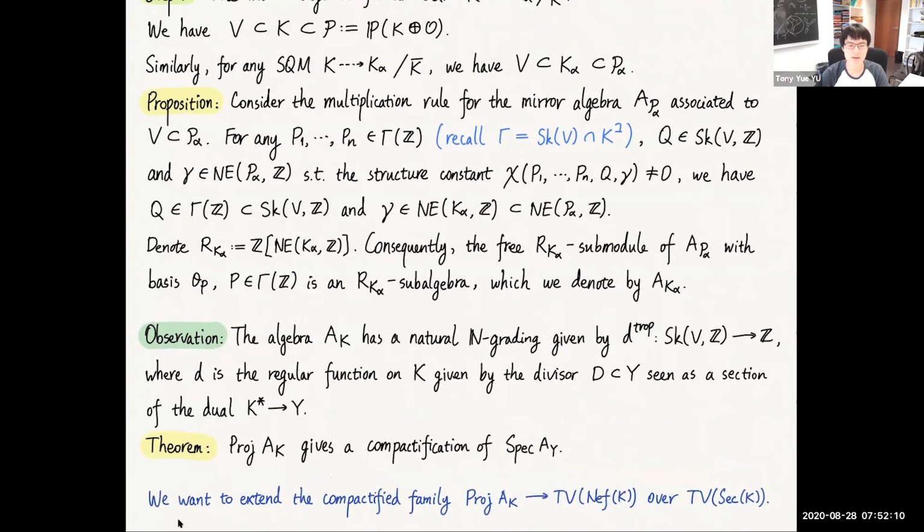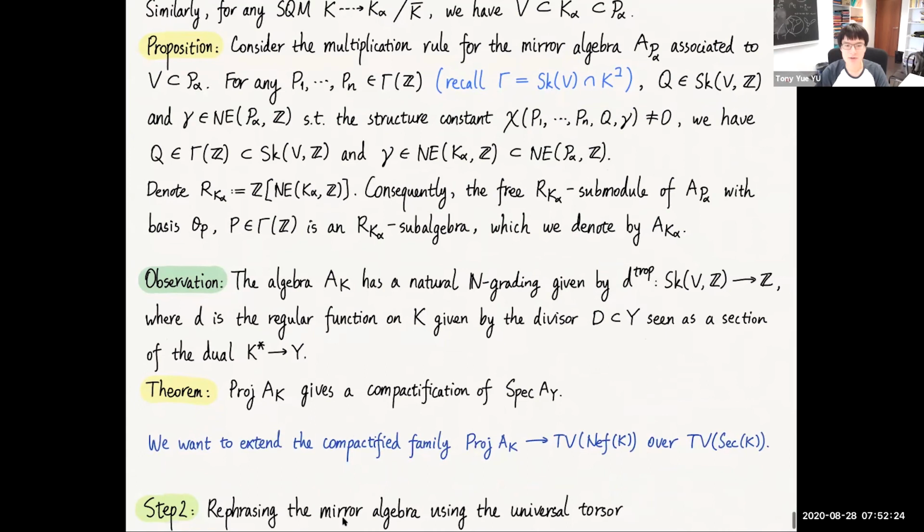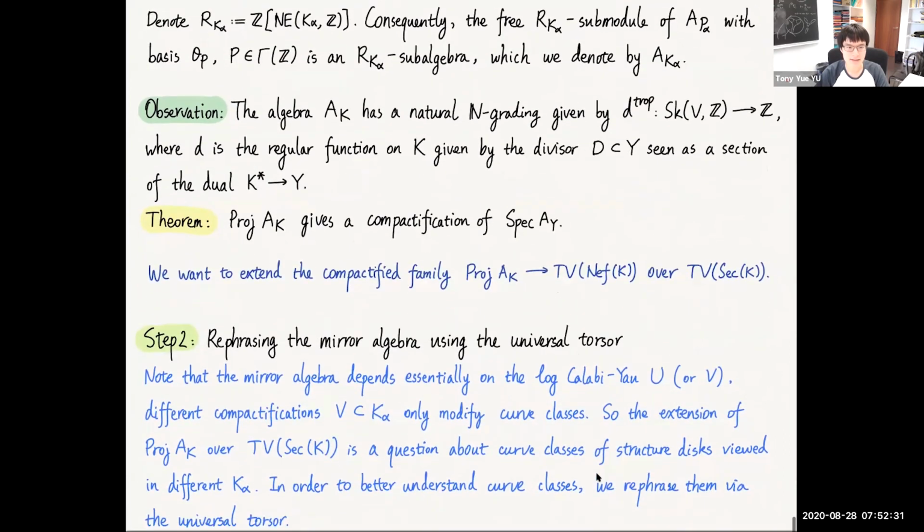And next, we want to extend the compactified family over this bigger toric base. For this, we need to rephrase the mirror algebra using the universal torsor. So the idea is that the mirror algebra depends essentially only on the log Calabi-Yau, and the different compactifications only modify curve classes.